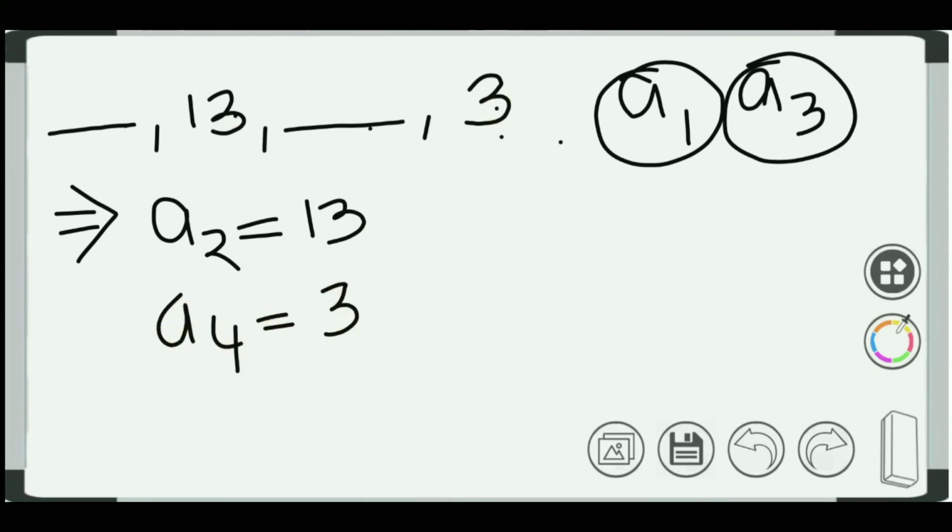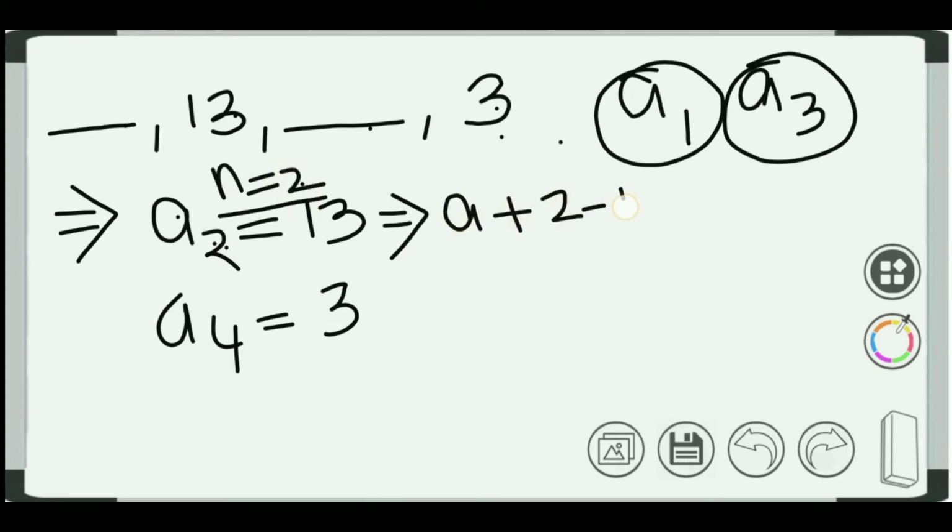Can you expand this in the form an is equal to a plus n minus 1 into d? Yes, you can. This is a2, the second term, so I take n is equal to 2. A plus 2 minus 1 into d. 2 minus 1 is 1, so that is a plus d.